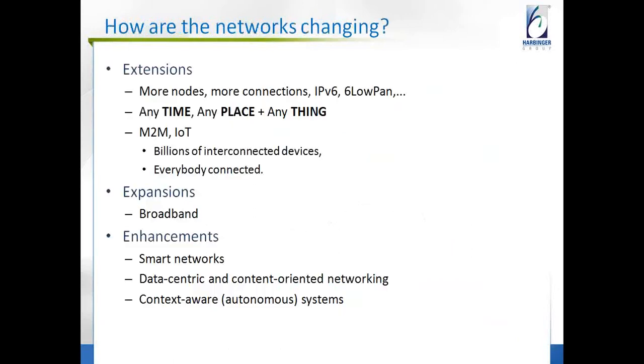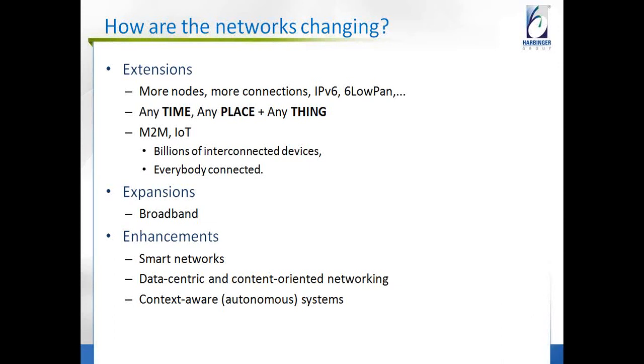As we get ready for these IoT applications, let's take a quick look at how these networks are coping up, how they are changing with respect to the IoT. I think the network capabilities are now getting extended as more nodes are getting connected to each other, which is resulting in more connections by means of different protocols. To name a few, like IPv6 or 6LoWPAN, which is very much specific to the set of low-end devices.